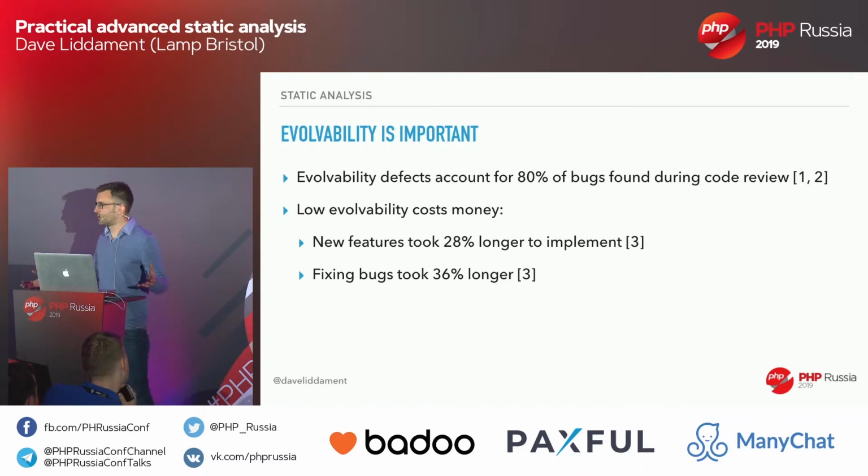This isn't a surprise to us developers, but there are links, if you get my slides, that the final slide actually links off to the studies where they've done this. So, it's taking 28% longer to implement code on poor quality code, and bug fixes take longer. And there are studies that back this up, which is good if you want to take them to management.